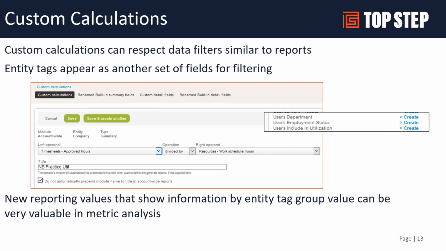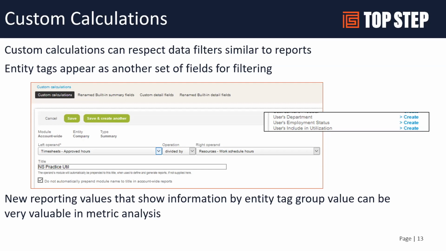Now, kind of going along these lines of reporting, we can get a little more detailed here, and we can actually build out our custom calculations for use in our cross-tabbed or summary reports with filters for these tag values. So we have our entity tags appear in the filters under the custom calculation.